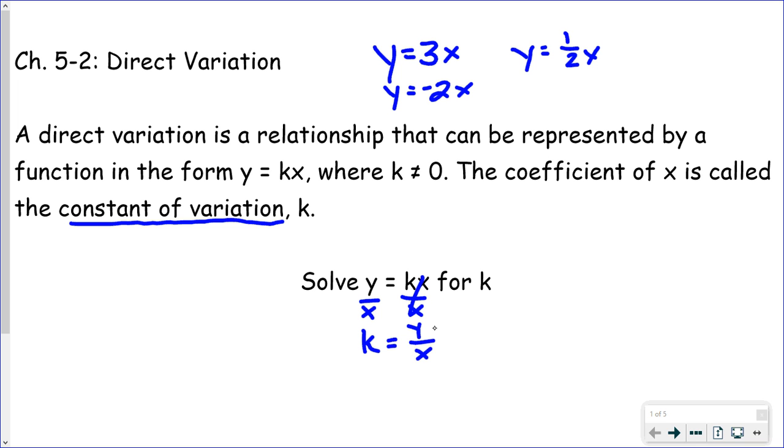This becomes important because if you have data that is a direct variation and you want to write the equation, this shows you how to find the constant of variation, the k value. You just take a y value divided by an x value and it will give you the k value. I'll show you some examples of that.